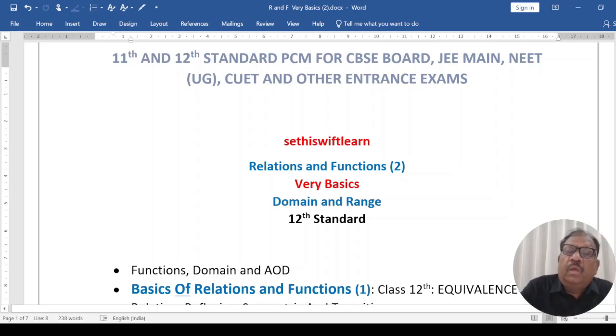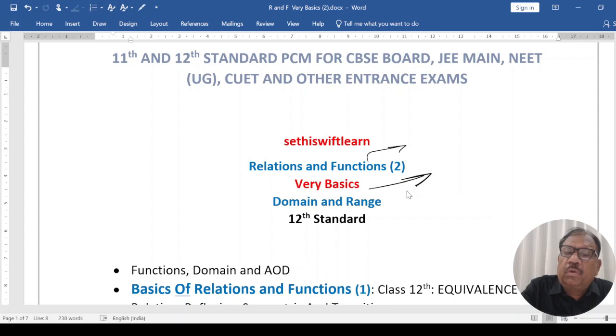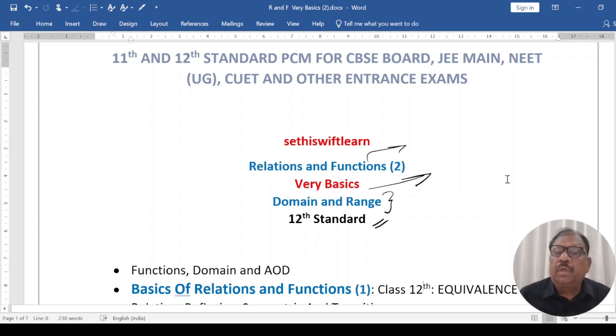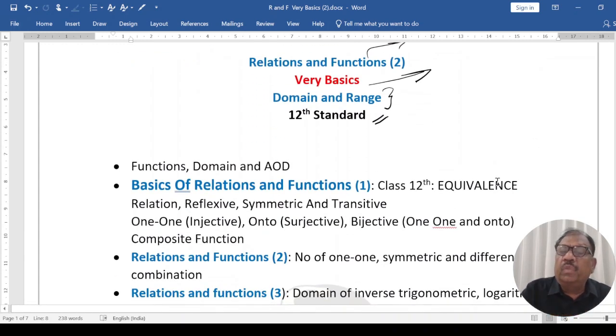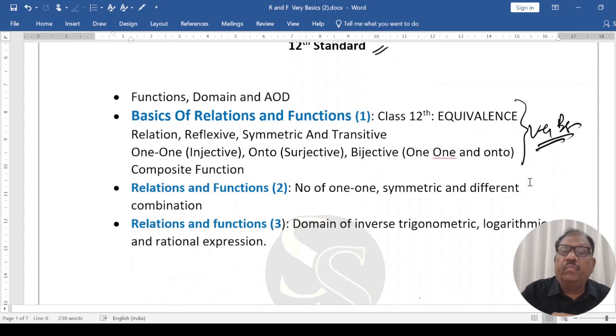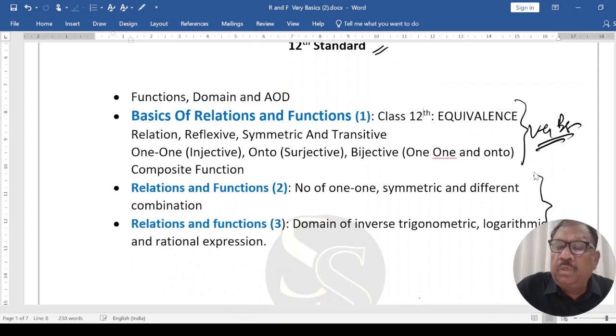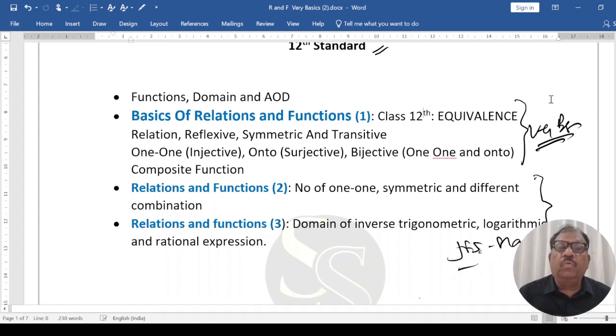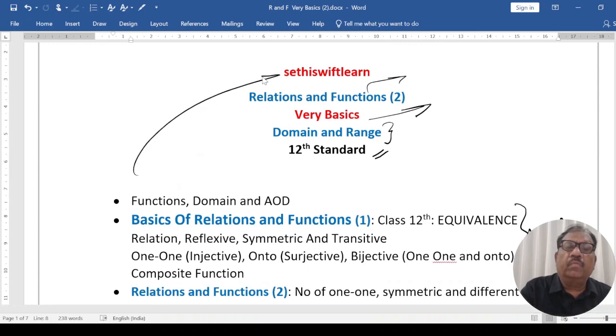Hello students, in today's session, relation functions, very basics of domain range for 12th standard will be discussed through illustrations. In the earlier session, we have discussed the very basics through illustrations, and these topics are also discussed through illustrations taken from JEE Main, which you can review on CET.